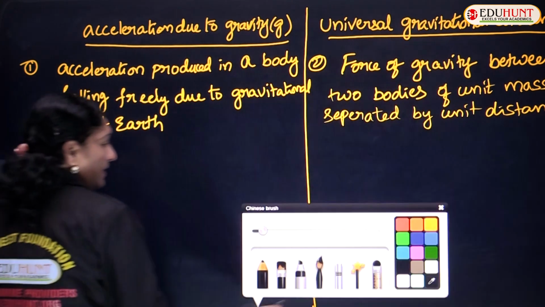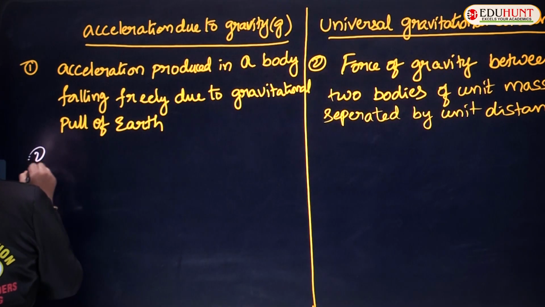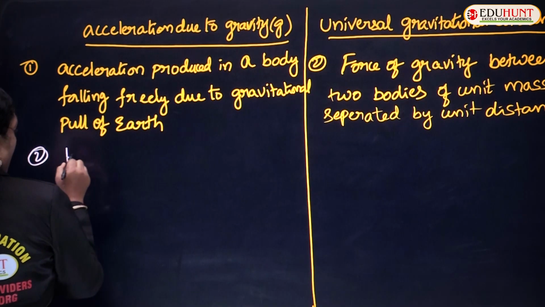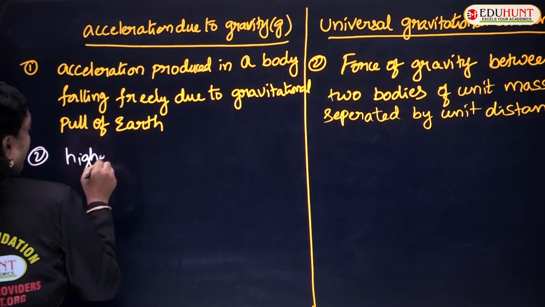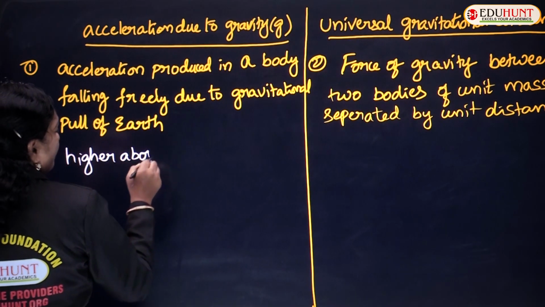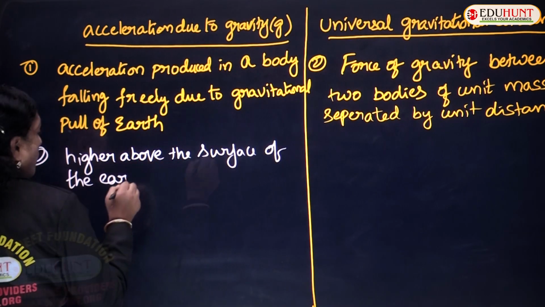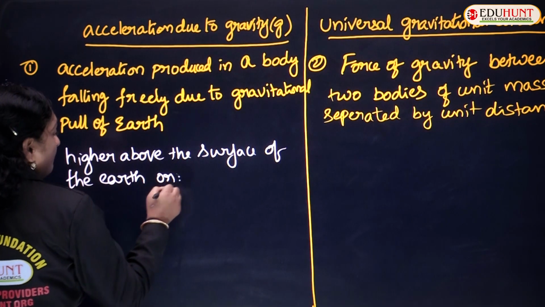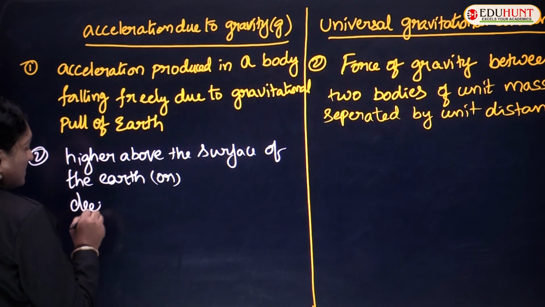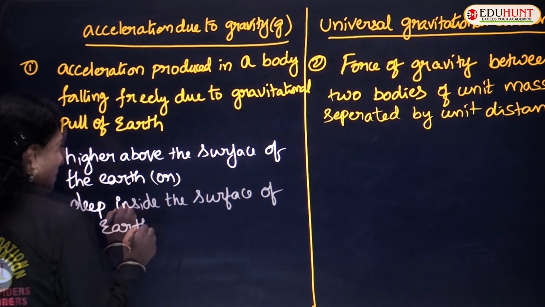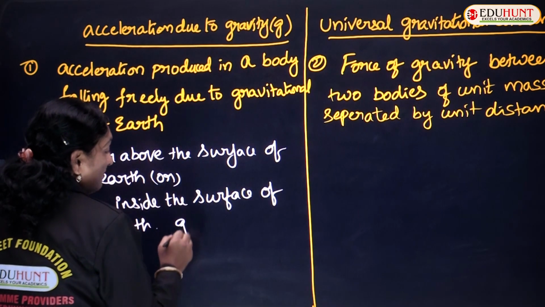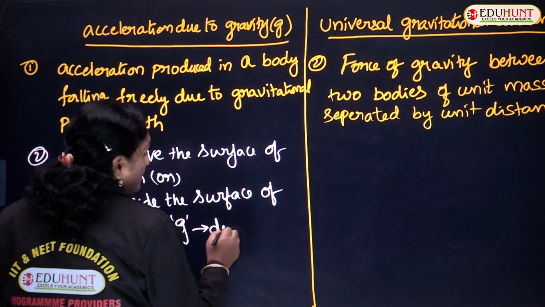Now, look at the second point, children. As we move higher above the surface of the earth, or if we move deep inside the surface of the earth, the value of small g decreases.